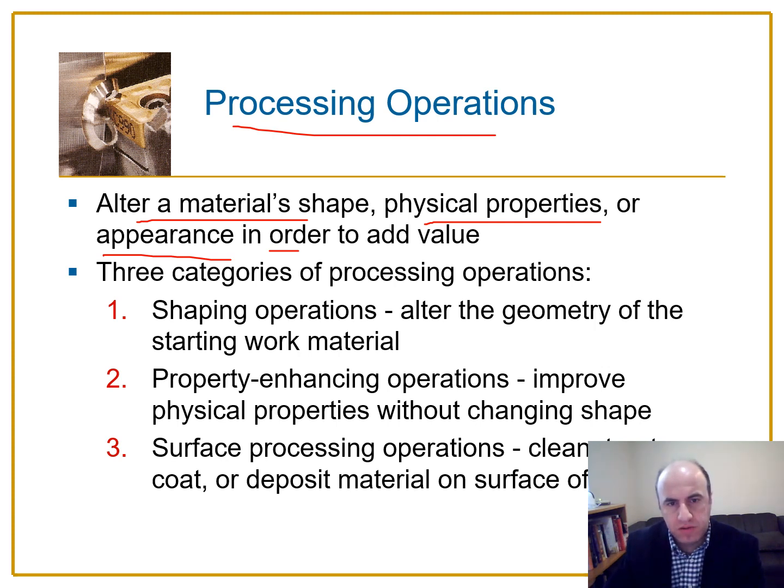We have three categories: shaping operation, where we change the geometry of a starting work material, and then we have property enhancing operation, which improves the physical property without changing the shape. And the third is a surface processing operation, which can deposit material on the surface of another material.